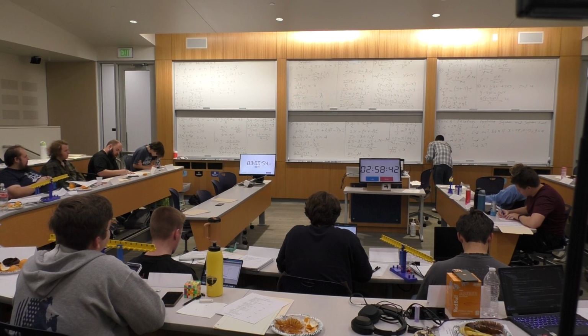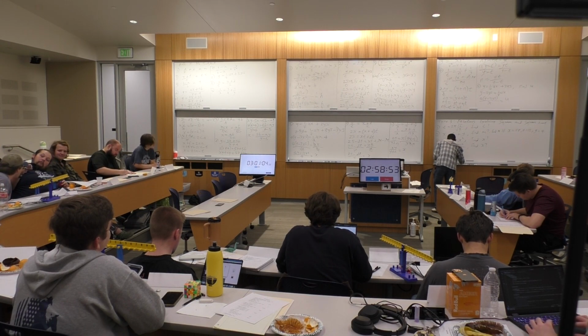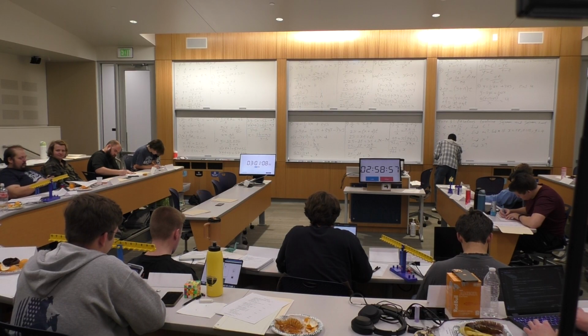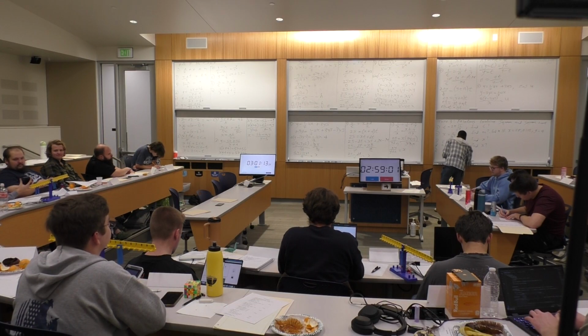We have number 5. We have v equals 1 over 4 into brackets. No, square root of 25 minus u squared.